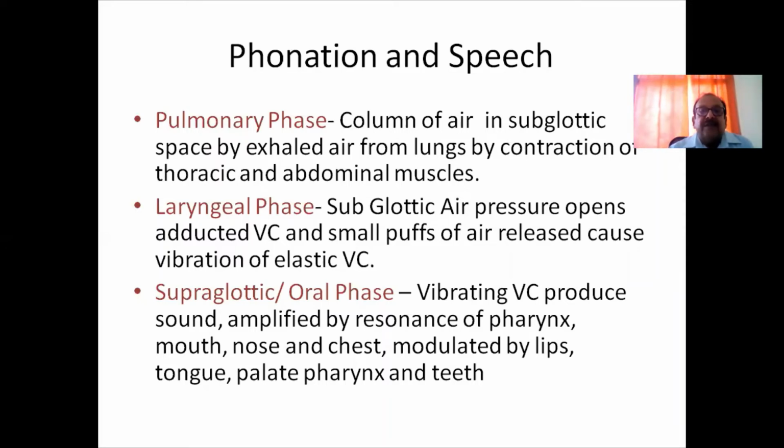Laryngeal phase, the subglottic air pressure opens the adducted vocal cord and small puffs of air are released, causing vibration of elastic vocal cords. In the supraglottic or oral phase, the vibrating vocal cord produces sound, which is amplified by resonance of pharynx, mouth, nose, and chest, modulated by lips, tongue, palate, pharynx, and teeth.